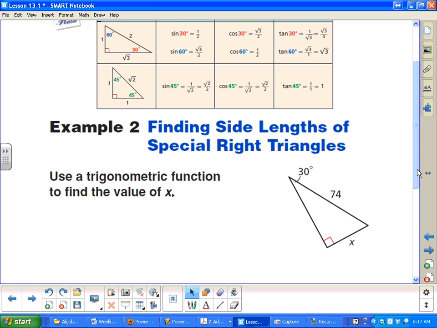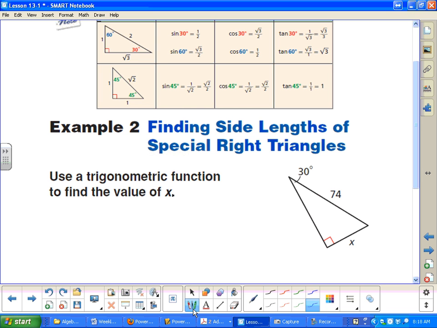We have a side that's 74, and they want us to find the side that's x. So the first thing, whenever you're solving a right triangle or finding missing parts from a right triangle, you need to identify what are the things that I know, and so then which of those three trig functions, sine, cosine, or tangent, do I need to use to find that missing part?